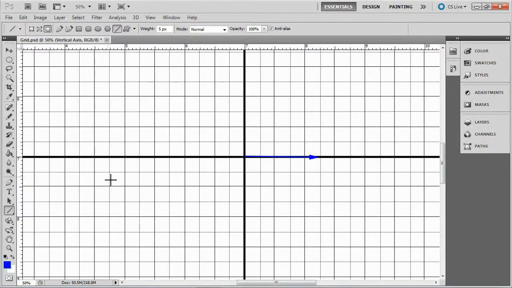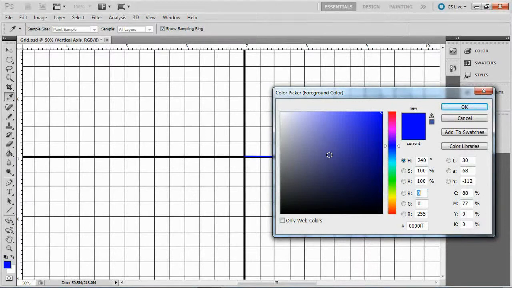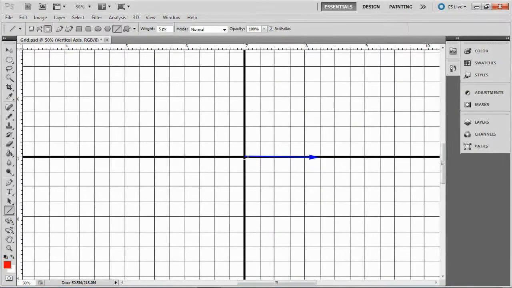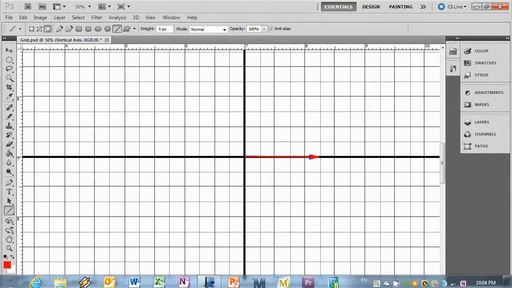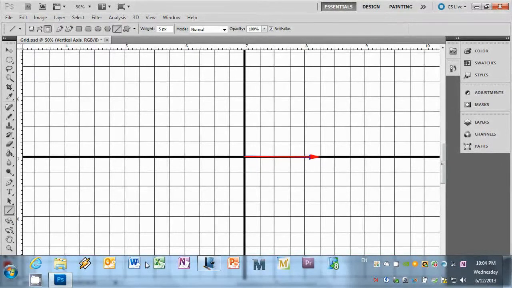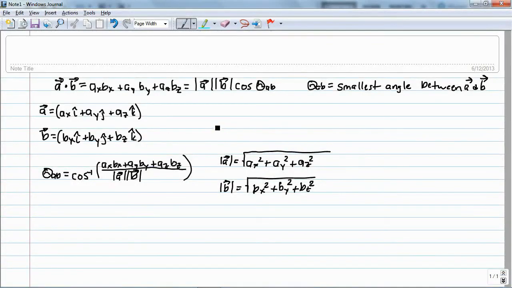Now, if I were to draw another vector directly on top of that, then what would my dot product end up being? Well, it's very easy to figure out the length, right?